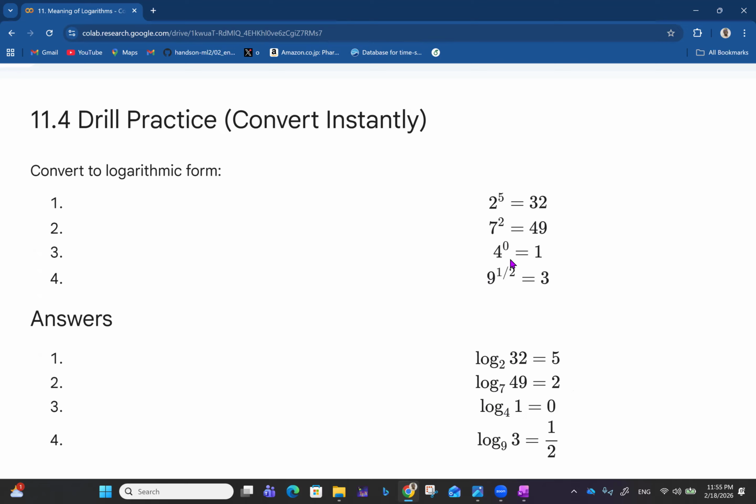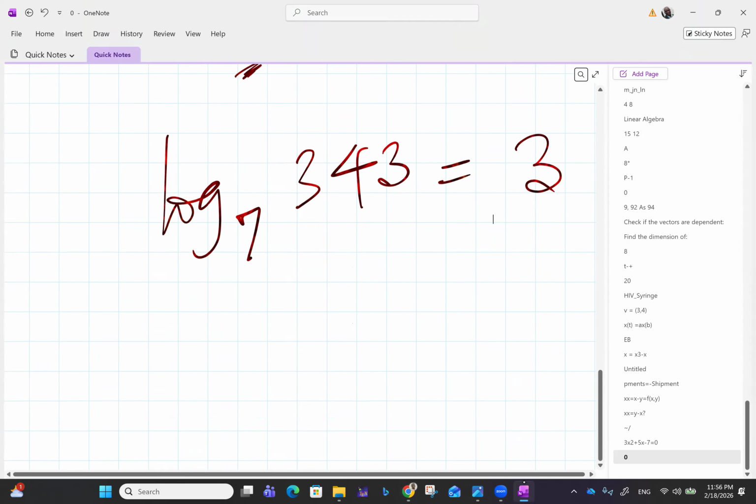Then, you know the power is the answer at the end of the day, at the right hand side. So the base is 4, the power is 0, the value is 1. Yeah. So we just say log. So generally speaking, we say log of the value.